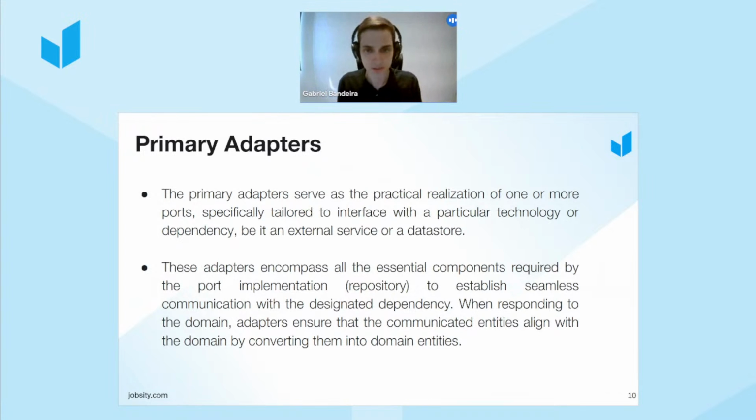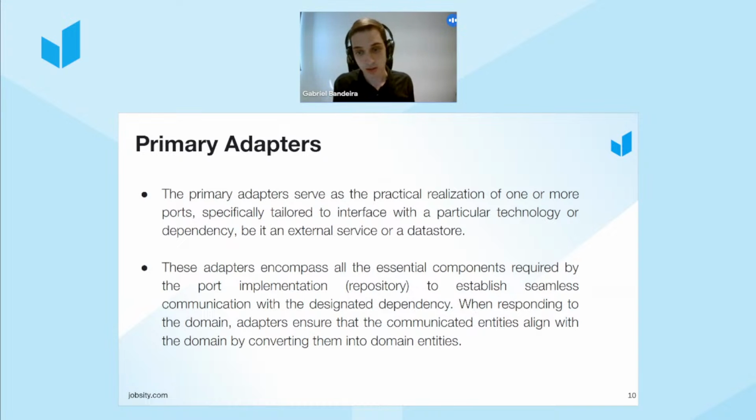The primary adapters, as I mentioned before, are basically the place where you implement something that you abstracted in the port layer. So imagine that you need to talk with your database and say, hey database, get me something, or create something, or delete something. Using the primary adapters, you can create, for example, database repositories that are going to implement the logic around that.